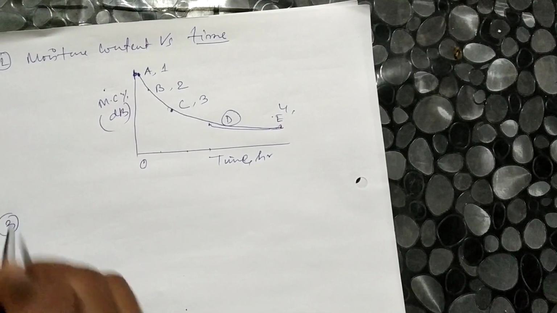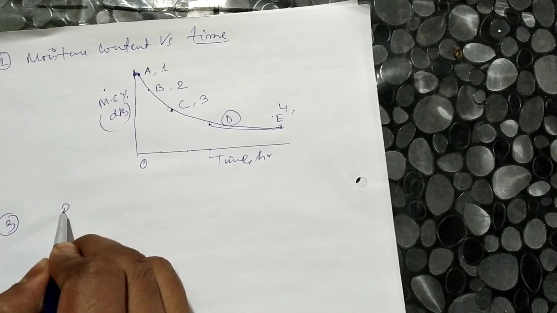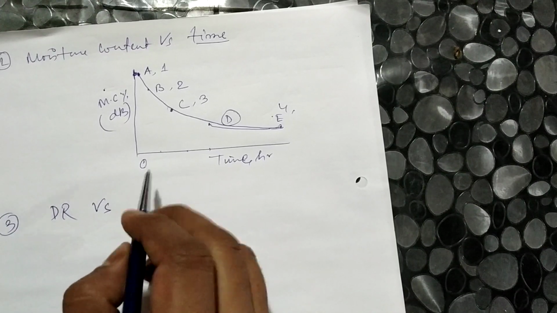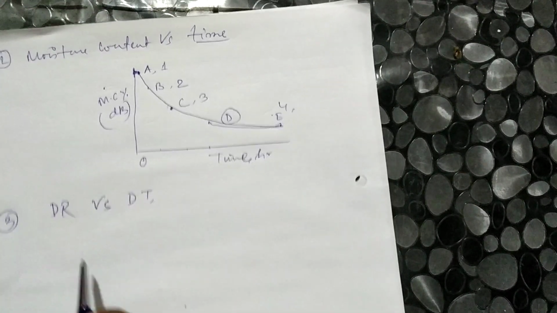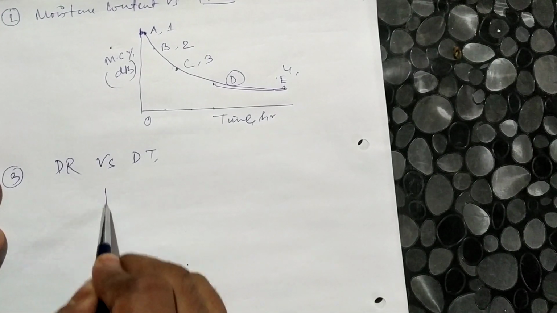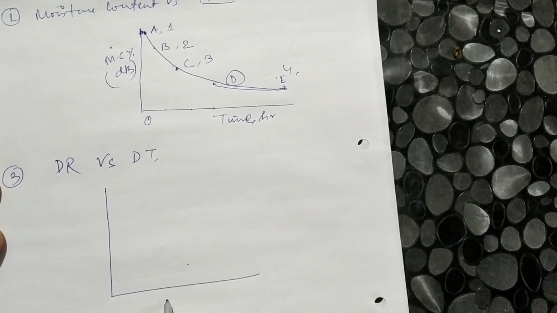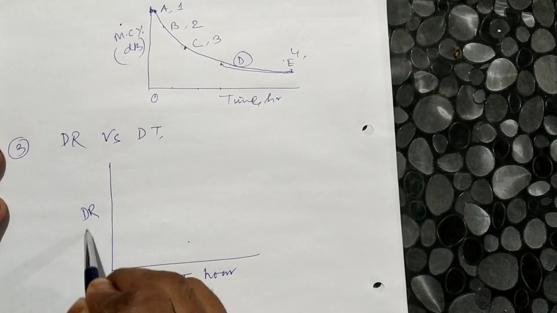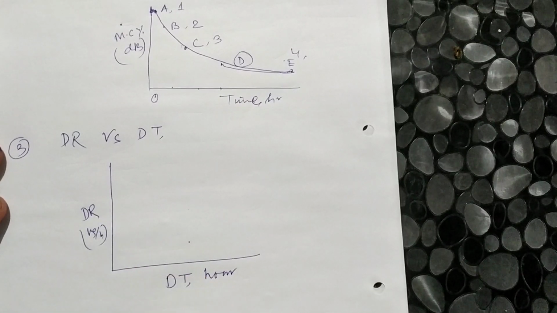The last drying curve is your drying rate versus your drying time. Again, this is your drying time in hours, this is your drying rate in kg per hour.